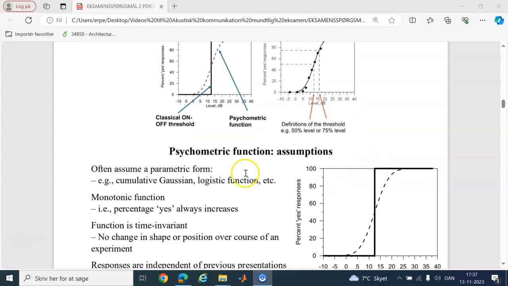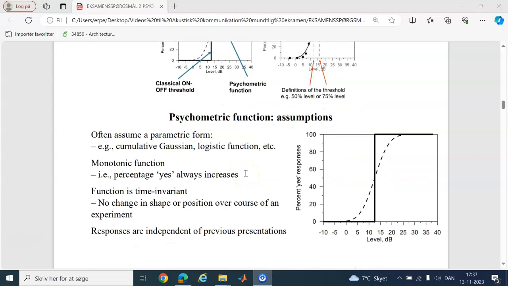Psychometric functions: assumptions. We often assume a parametric form, for instance a cumulative Gaussian or logistic function.